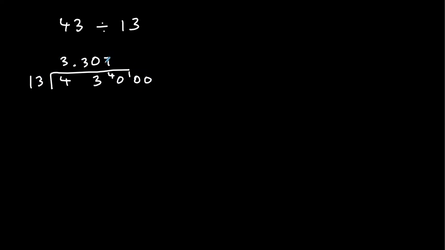13 goes into 100 7 times with a remainder of 9. 13 goes into 90 6 times with a remainder of 12. 13 goes into 120 9 times with a remainder of 3. 13 goes into 30 2 times with a remainder of 4. 13 goes into 40 3 times with a remainder of 1.